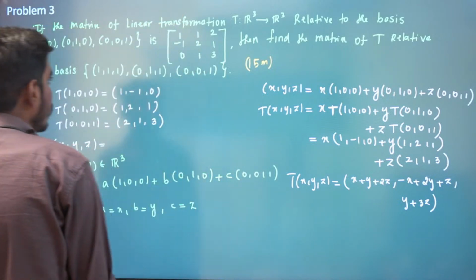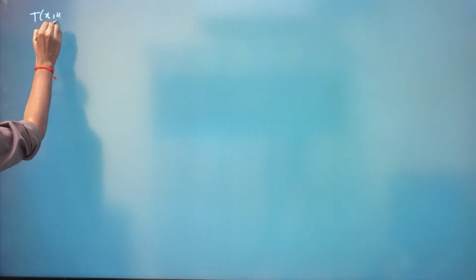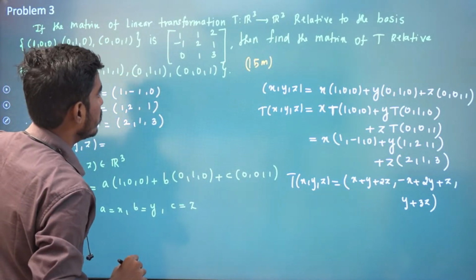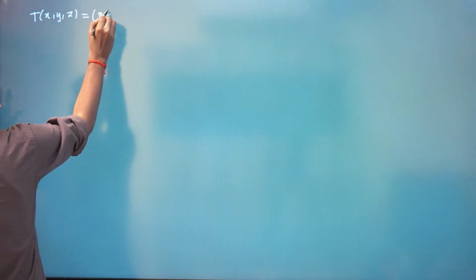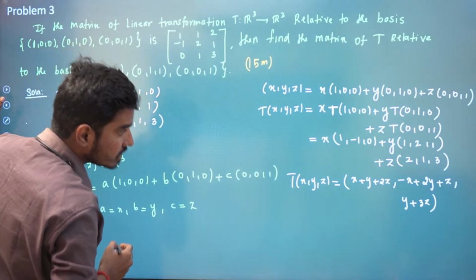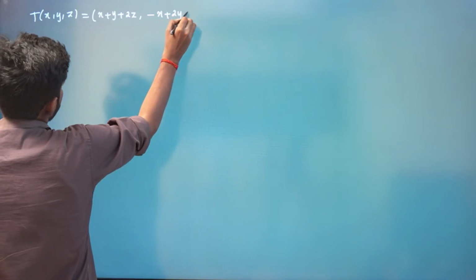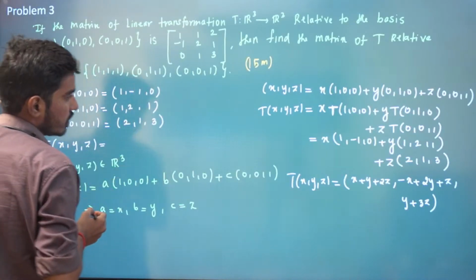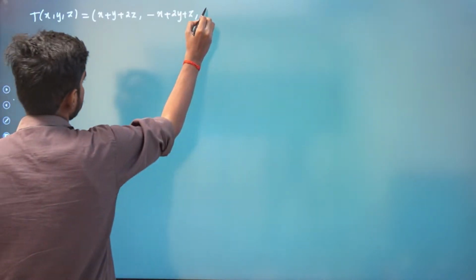Right? Yes. Now we need to find the matrix of T with respect to this basis, right? So what is our T of (x, y, z)? T of (x, y, z) is (x + y + 2z, -x + 2y + z, y + 3z), right?